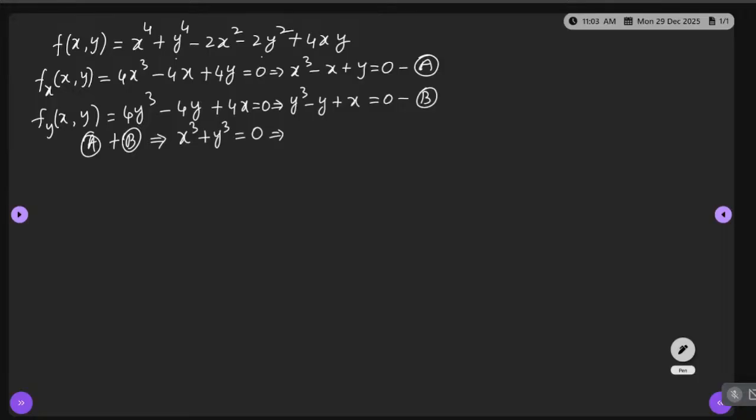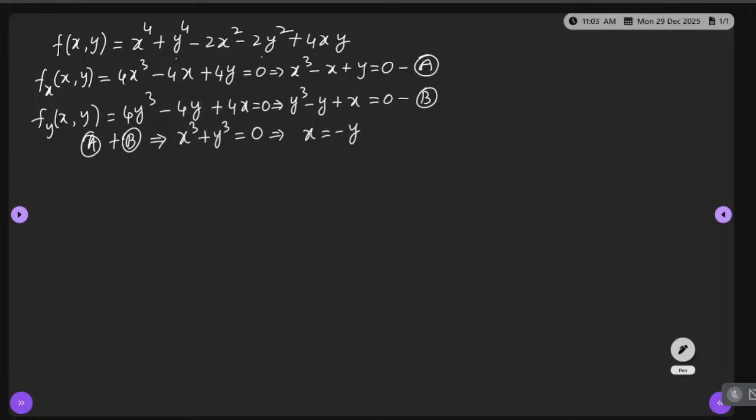What is the real relation between x and y? The real relation between x and y is x equals minus y, or y equals minus x. A cube plus b cube, what is the formula?